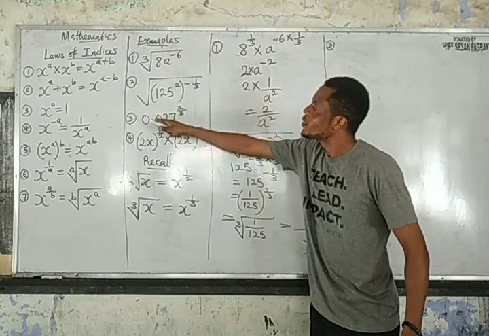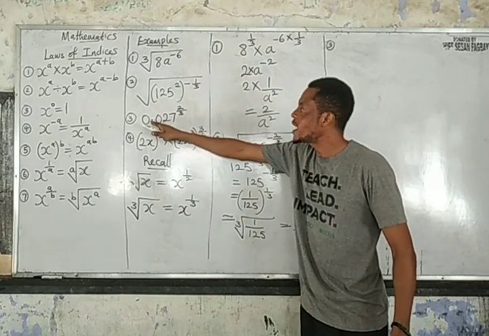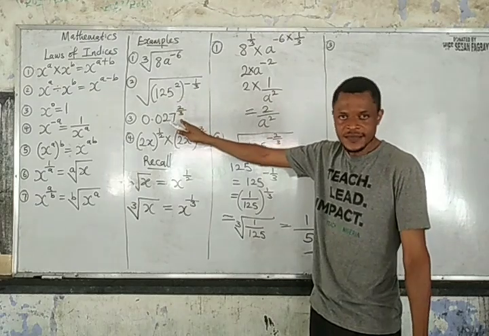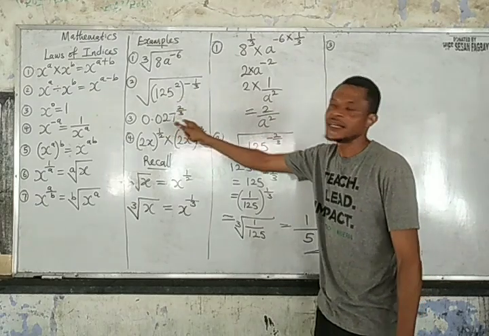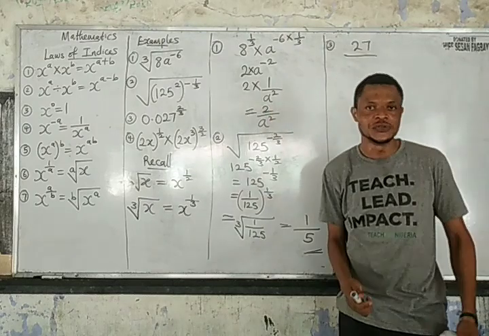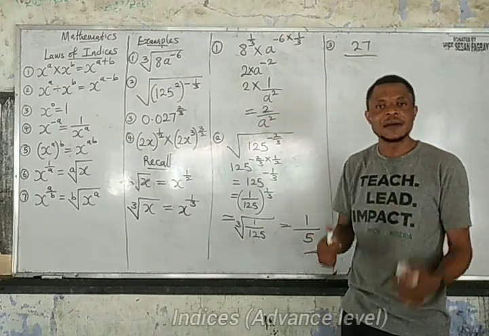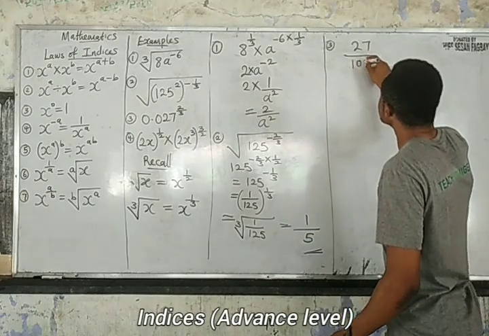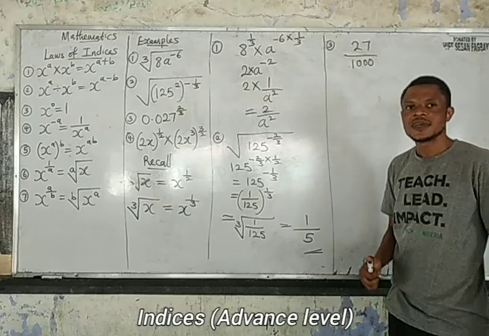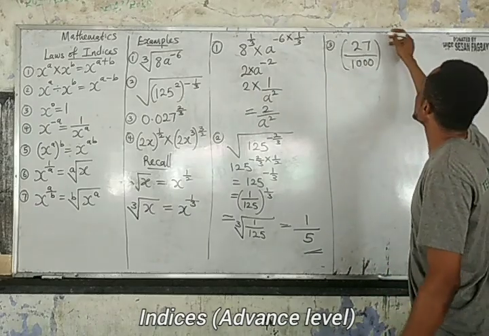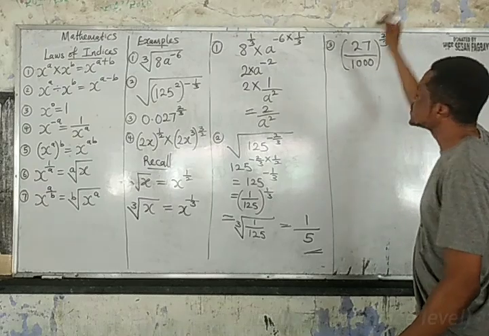By the time we move our point to the right, 1, 2, 3, we are going to have 27. Fine. 27 over how many times did we move? We moved it 3 times. That is 10 times 10 times 10, which will give us 1,000. Now, everything is raised to the power of 2 over 3.